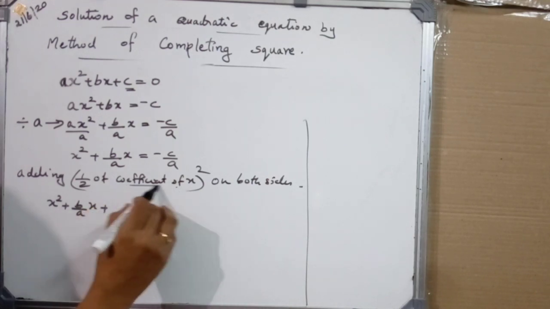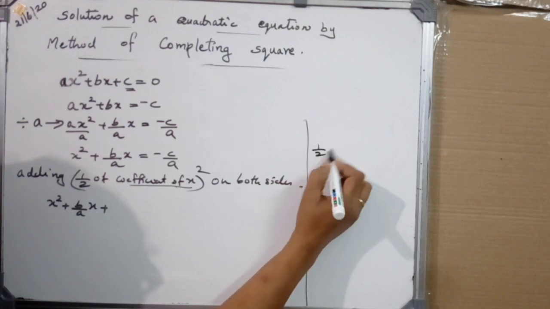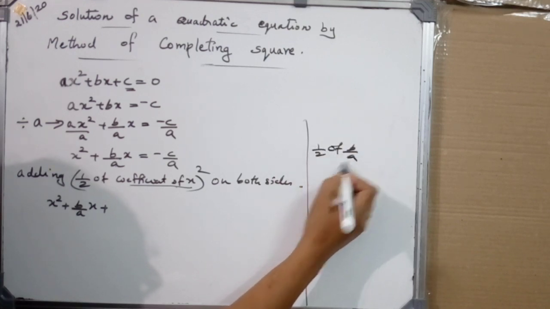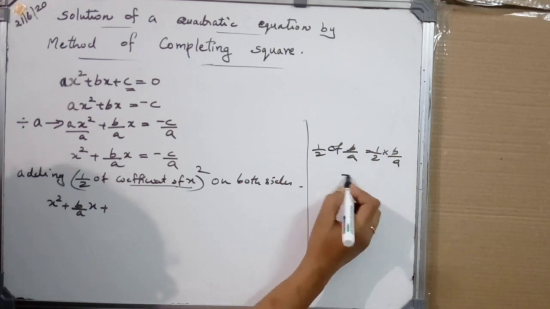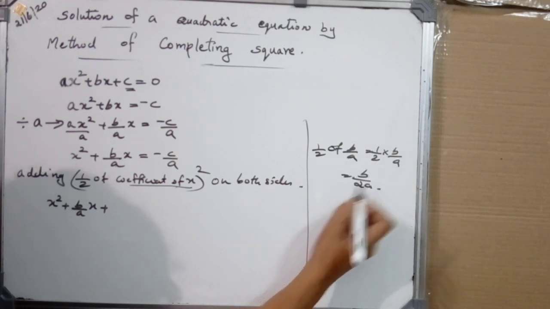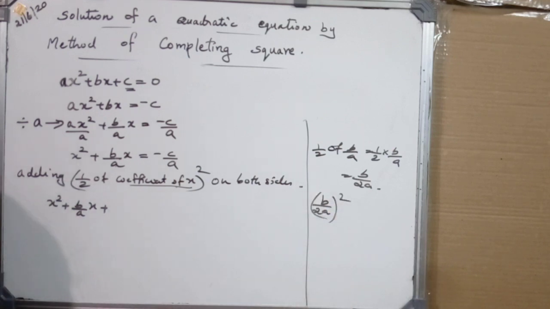So what is the coefficient of x? It is b by a. So half of b by a means half into b by a, that is b by 2a. So we have to add b by 2a the whole square.